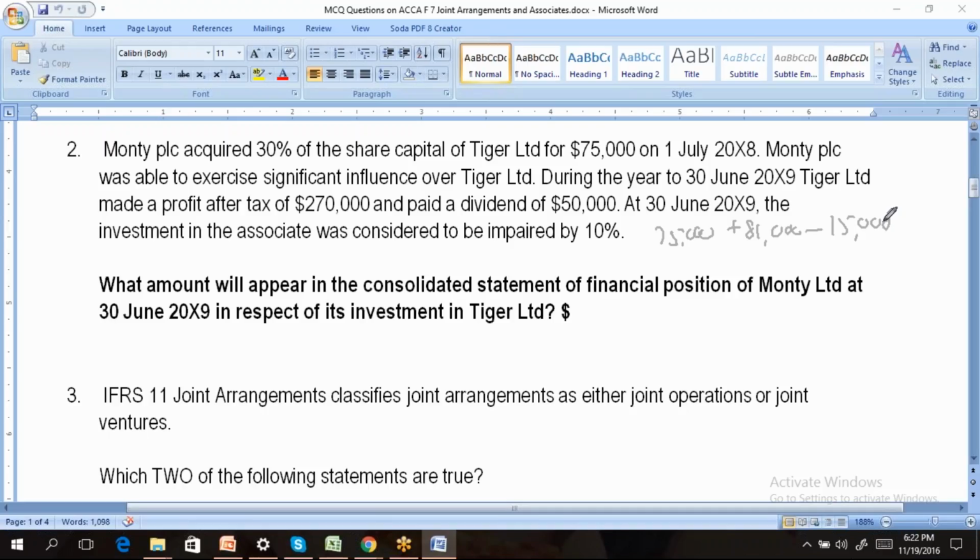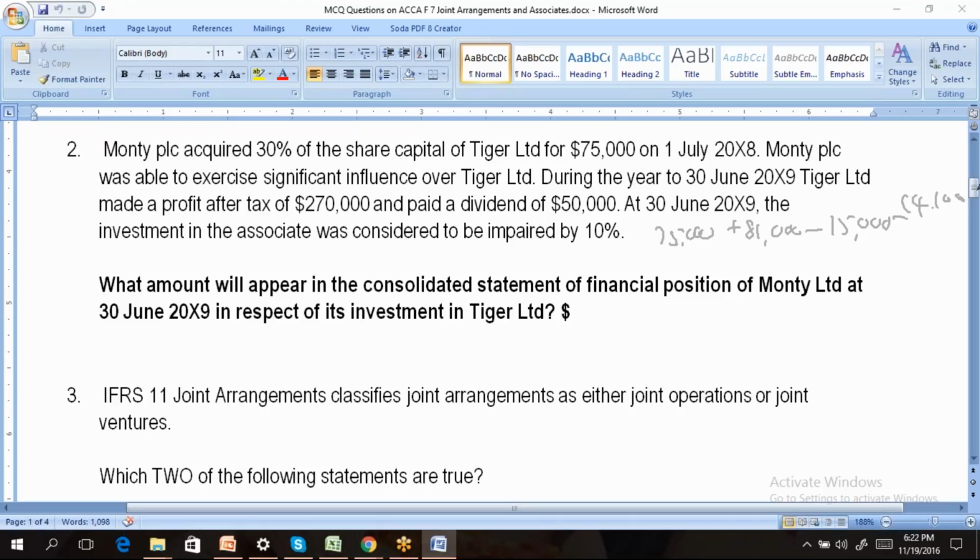Of that, 10%. So 75 plus 81 is 156, minus 15, 141. 10% of that is the impairment, 14,100. Very clear.